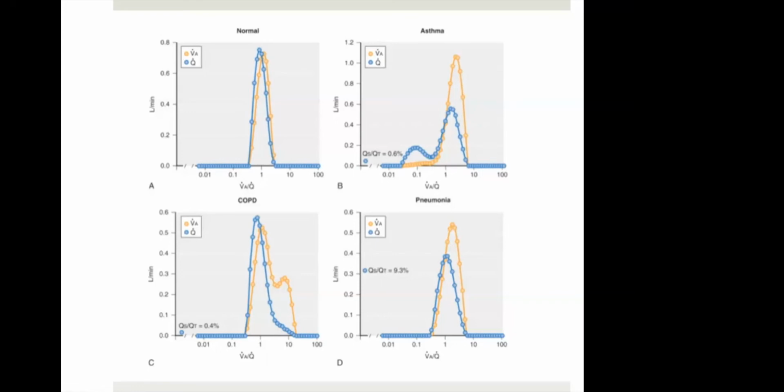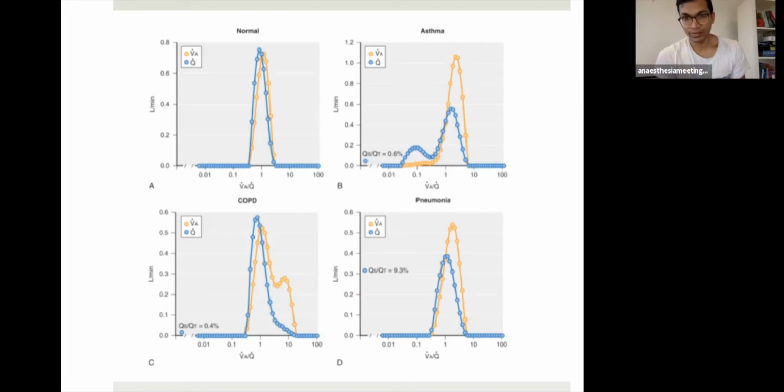Yeah. So A, as we said, is a normal lung with a relatively matched ventilation perfusion. I suppose I'll just quickly describe B, because that's probably most similar to what the bronchitis picture was earlier. In that, we've got lung segments that are perfused but not ventilated, demonstrated by that early peak.